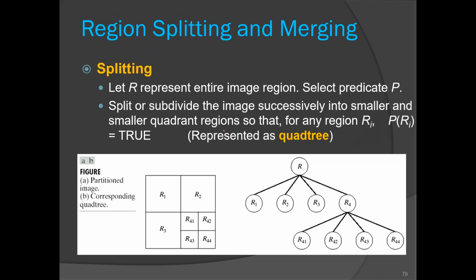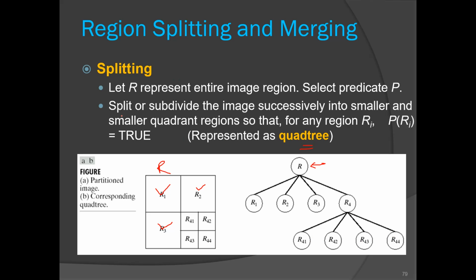Diagrammatically it will look like this. This is our R image, and this tree is known as a quad tree. The root of this quad tree would be our input image. Then we have divided that image into 4 subregions, and let us consider R1, R2 and R3 satisfy the predicate, but R4 does not, so we have divided that into 4 subregions.